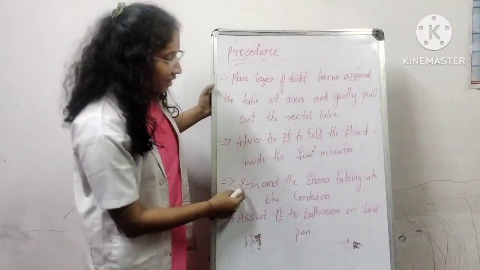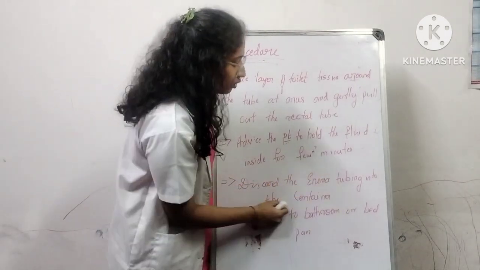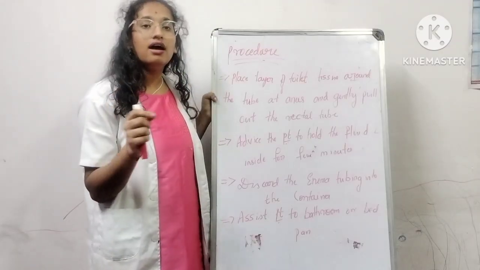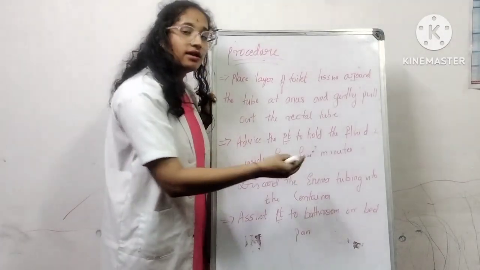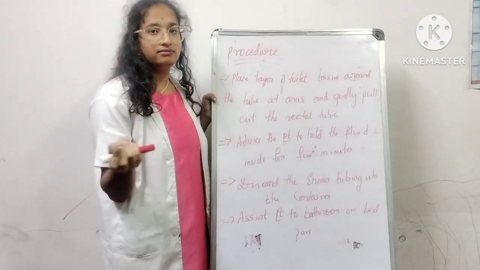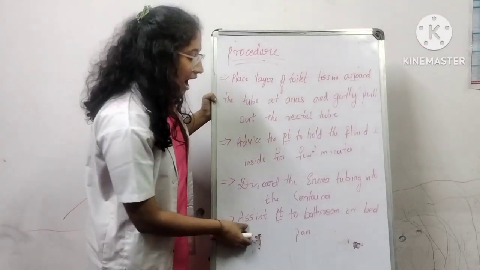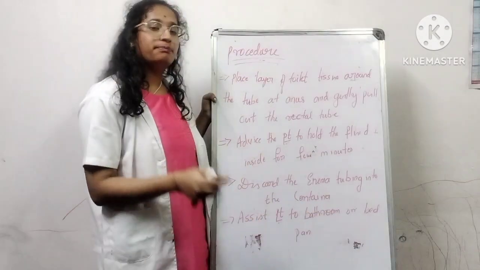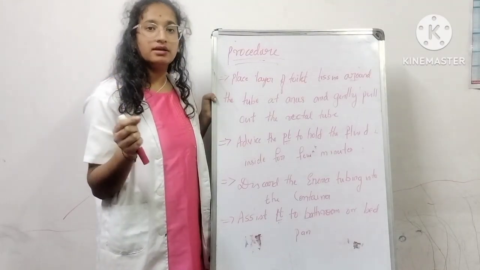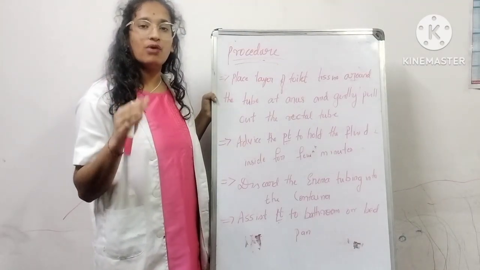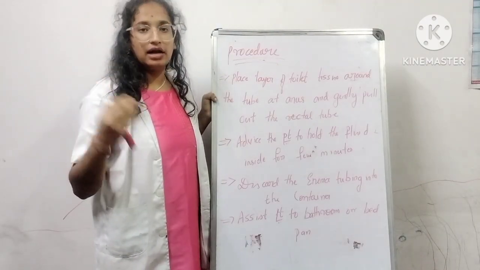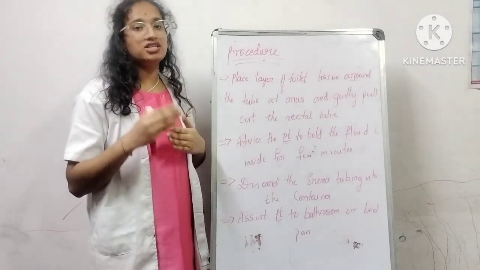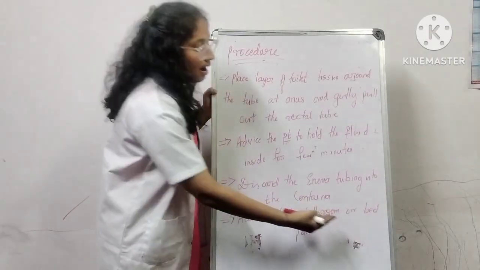Then discard the enema tubing into the container. So after the procedure, we have to discard the rectal tubing in the dustbin or container. Then assist the patient to the bathroom or bedpan. If the patient can walk, we have to take him to the bathroom, or if the patient cannot walk, we have to administer the bedpan.